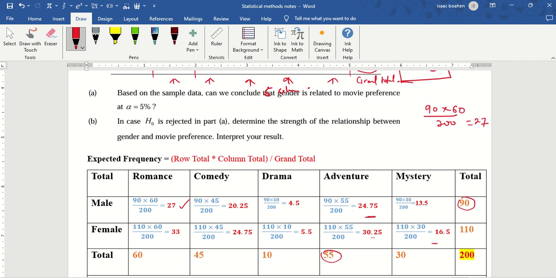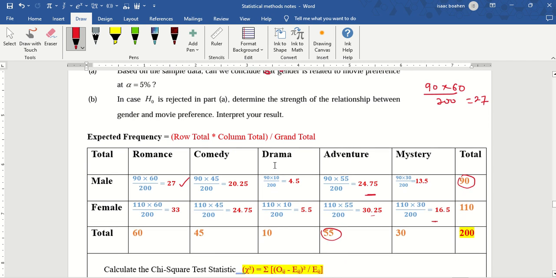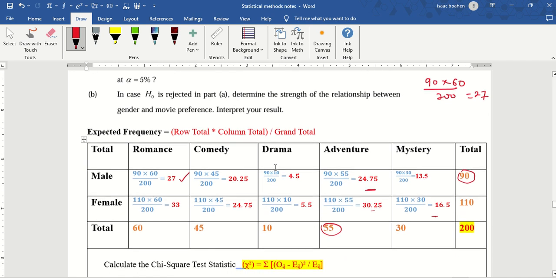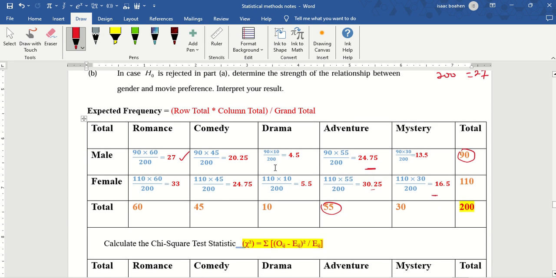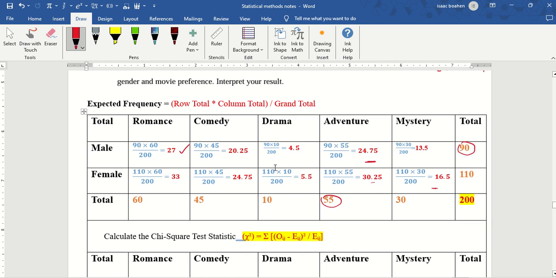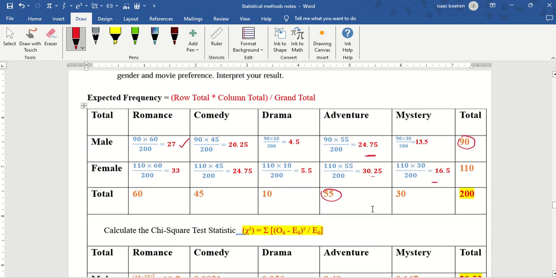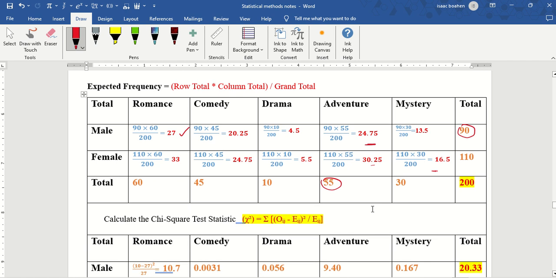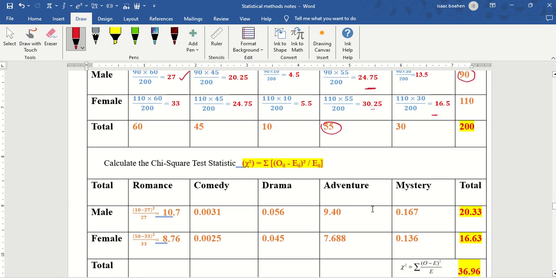So the next thing is, now we know our expected frequencies. We want to calculate the chi-square test statistic. And we know the formula. The formula is chi-square is equal to the summation of the observed frequency minus the expected frequency all squared.